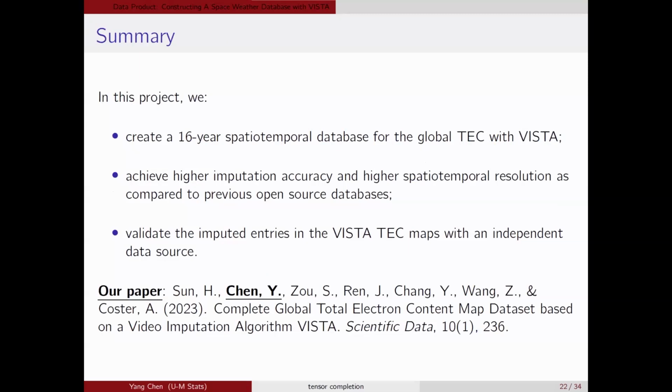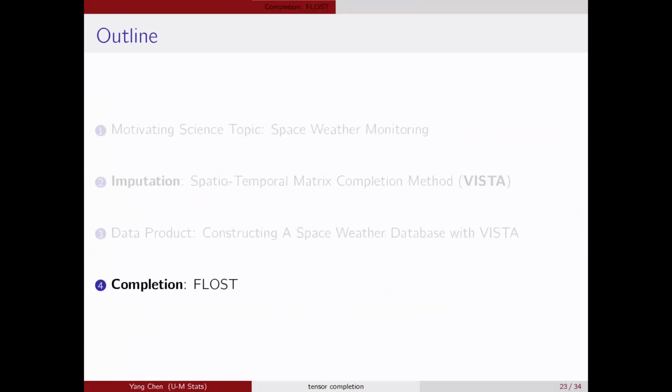Just in summary, it's already a couple of years later, so we have more than 16 years of spatial temporal data with 5-minute temporal cadence. Each month you will have more than 2,000 matrices of size 181 times 360. It's a pretty large dataset, and it's open source. Anyone can use it for validation purposes.